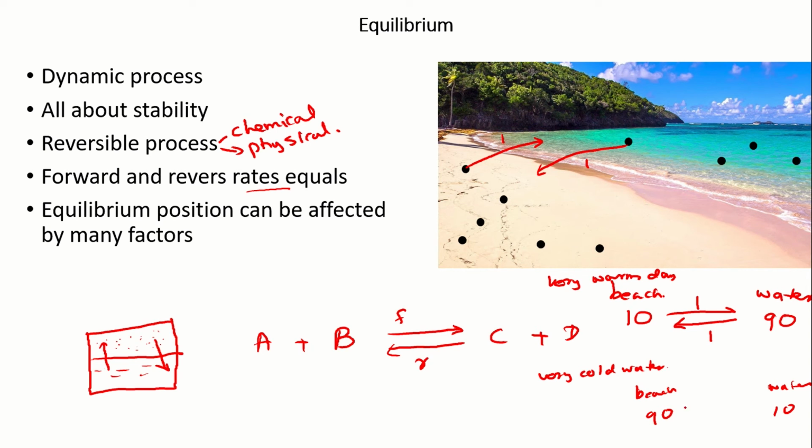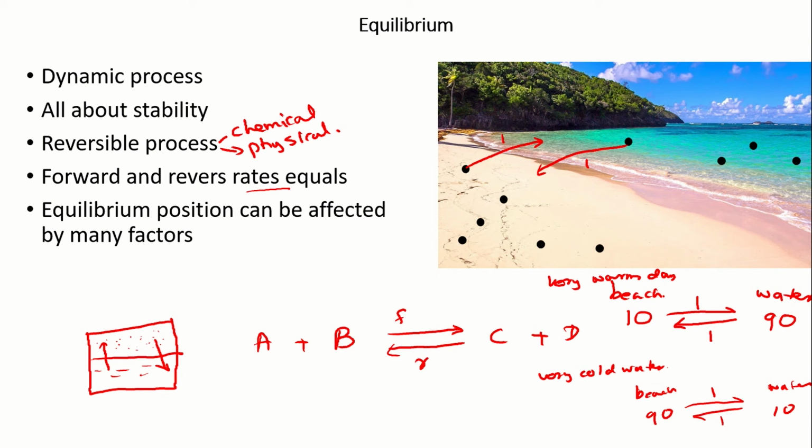Let's say again, for every person who walks into water, if there's a person walking out from water, then throughout the whole day, you will have 90 people on the beach and only 10 people in water, as long as this exchange rate is equal.